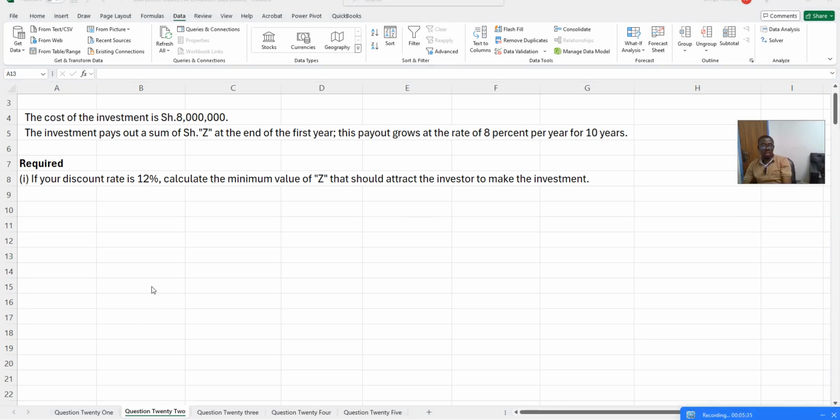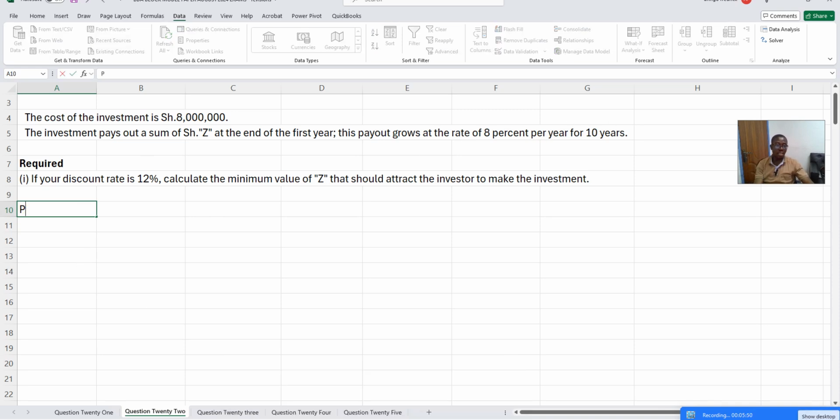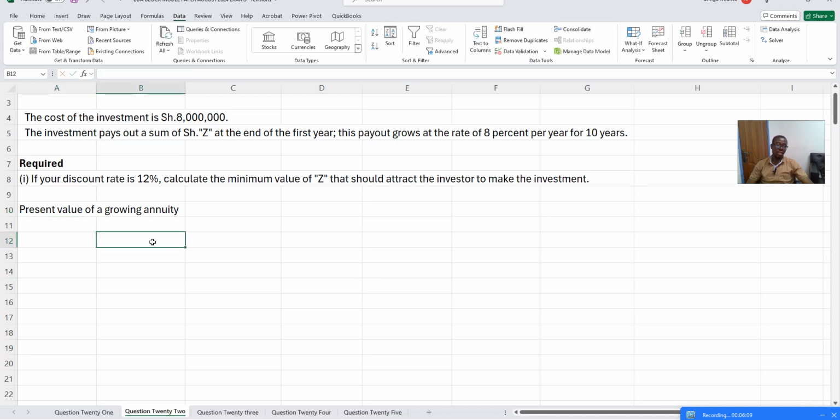At this point, it is important for us to recall what we did earlier. Anytime you talk about the present value of a growing annuity, yes, we are looking at an annuity, but it has a growth rate.